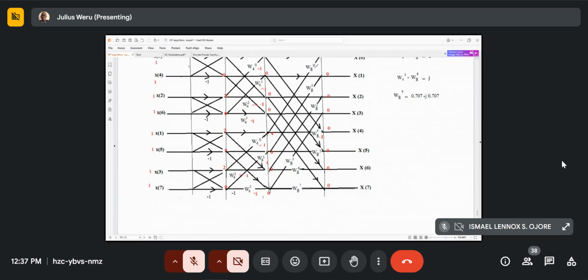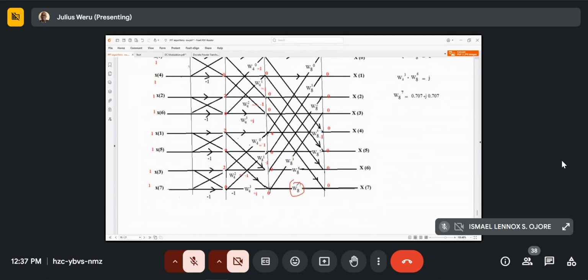You are using W8 to these other powers from 0 to 6. Oh no, x of 7 would have this. Oh, W8 to 7. It's just because it doesn't matter what this is.